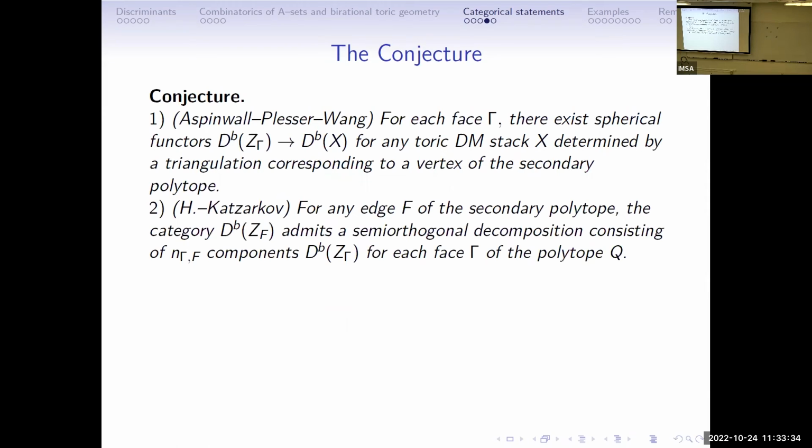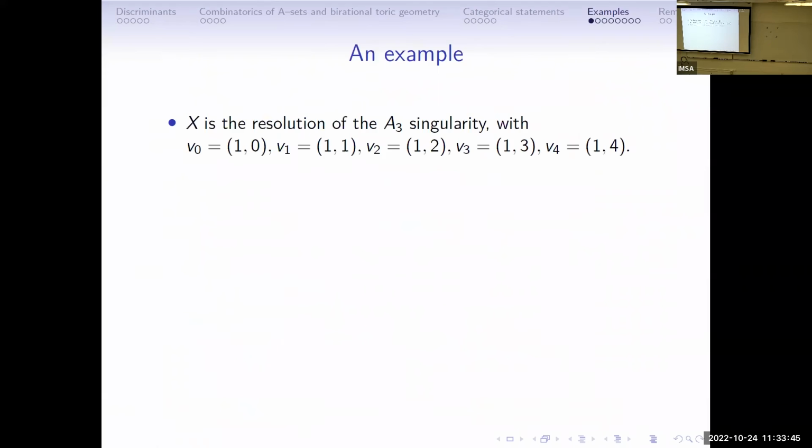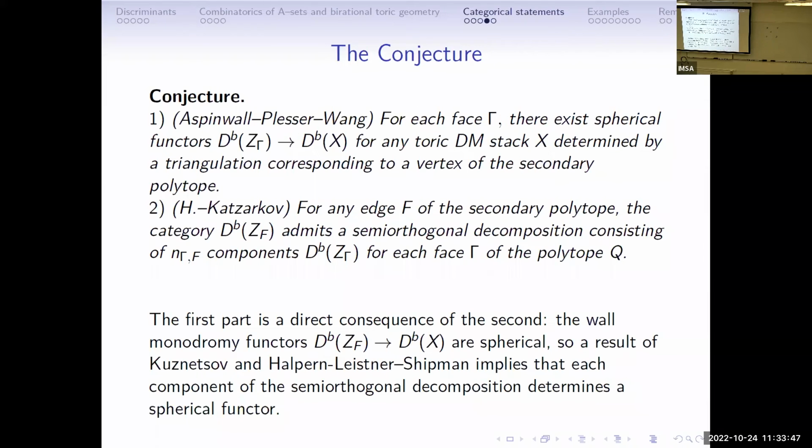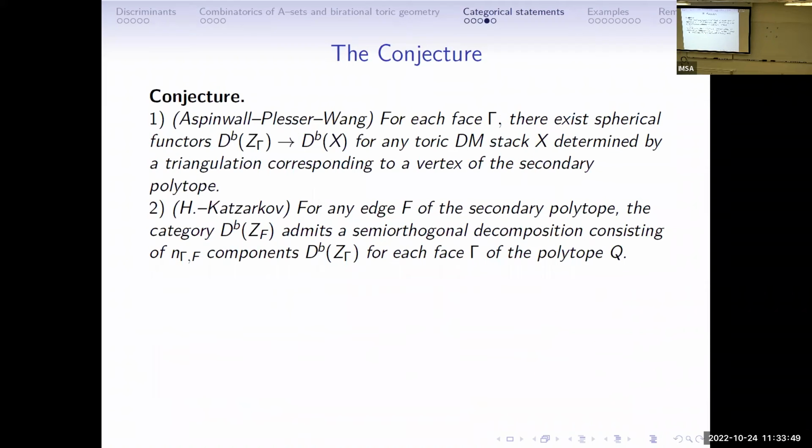And then with Ludmil, we're conjecturing a bit more than this. Namely, that for each edge, the category which showed up in the wall monodromy story can be written as a semi-orthogonal decomposition with a certain number of components of the form dB of Z gamma.